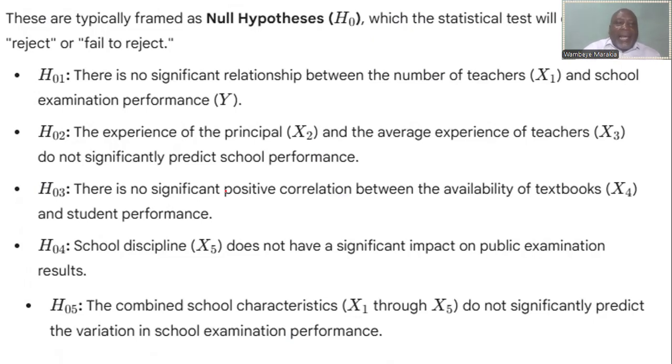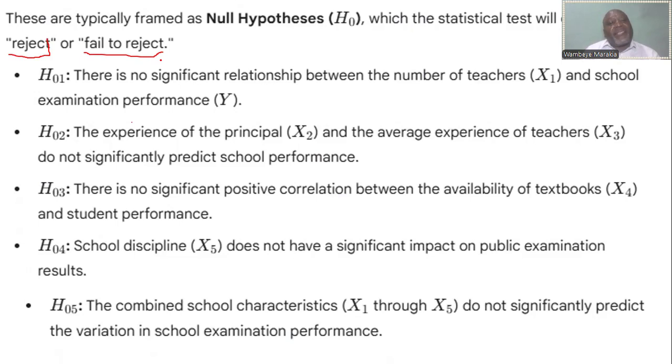It's very important that when you are testing a null hypothesis, you either reject the null hypothesis or you fail to reject the null hypothesis. So the first null hypothesis is there is no significant relationship between the number of teachers and the school performance.